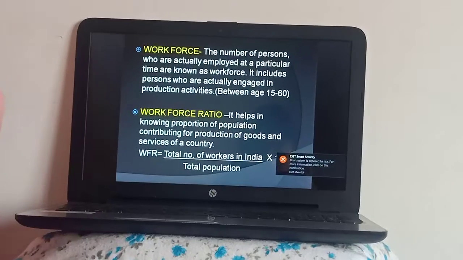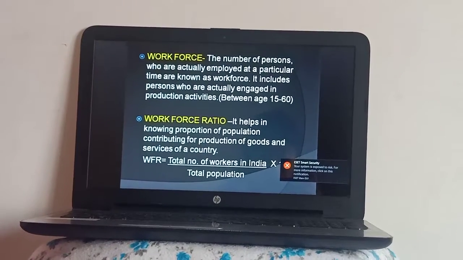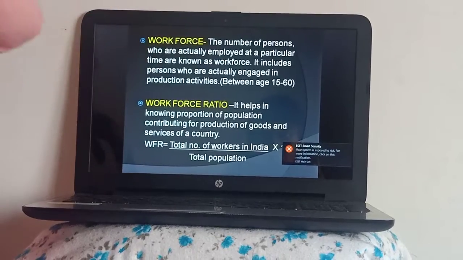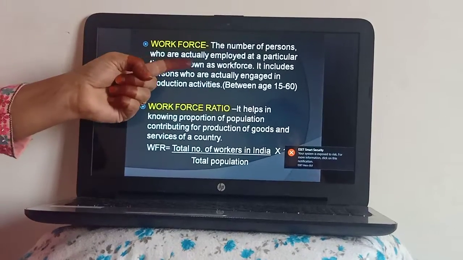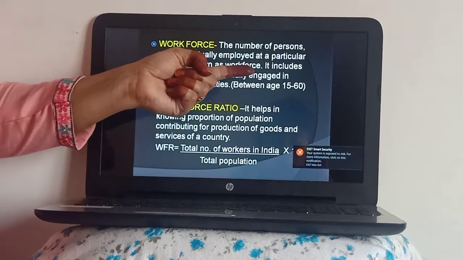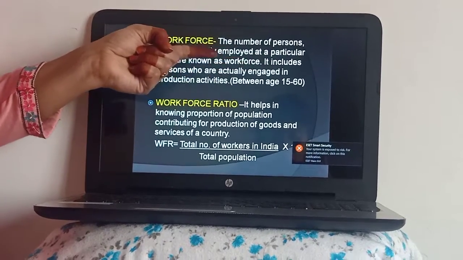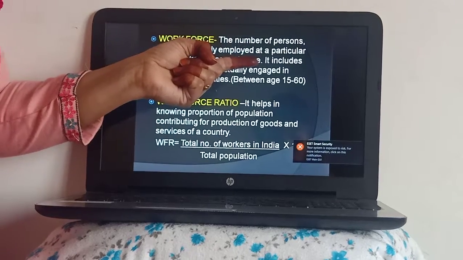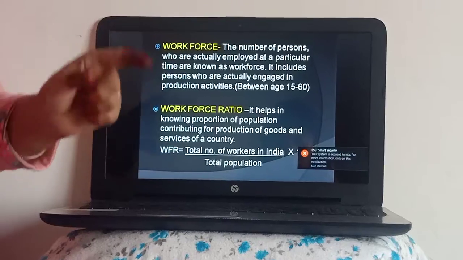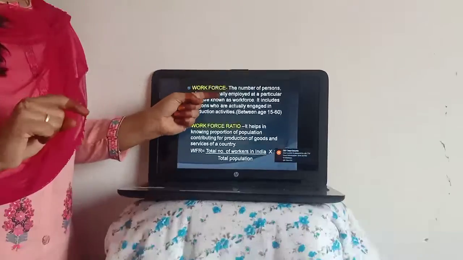That is workforce and workforce ratio. What do you mean by workforce? The number of persons who are actually employed at a particular time is known as workforce. It's clearly mentioned, actually employed. It means the persons who are presently, currently doing work are the workforce.